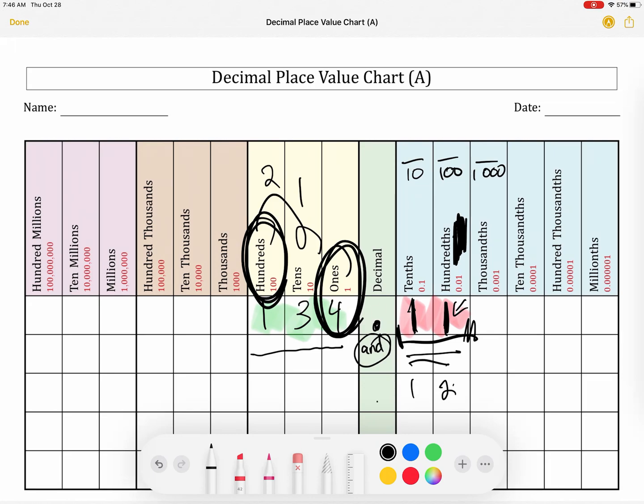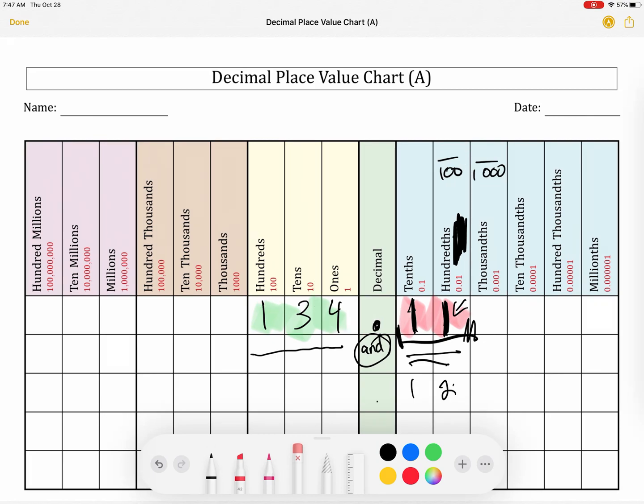So whatever the last decimal place is, this is how many times we've broken that whole up. So in this example, am I at 135 yet? Well, no, because I only have 134.11. So that's why this one is not going to get changed.